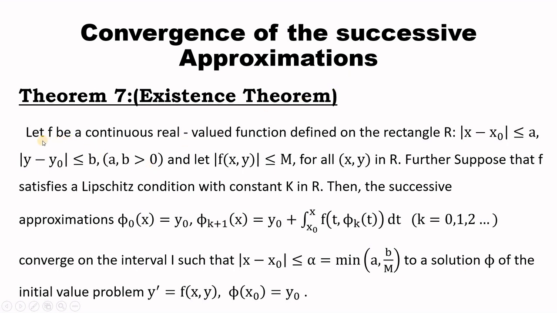This is the statement of the theorem: let f be a continuous real valued function defined on the rectangle R such that |x − x_0| ≤ a, |y − y_0| ≤ b, where a, b > 0, and let |f(x, y)| ≤ M for all (x, y) in R. Further, suppose that f satisfies a Lipschitz condition with constant K in R. Then the successive approximations defined by this will converge on the interval I such that |x − x_0| ≤ α, which is the minimum of a and b/M, to a solution φ of the initial value problem y' = f(x, y), φ(x_0) = y_0.